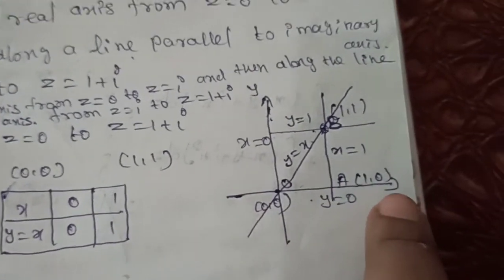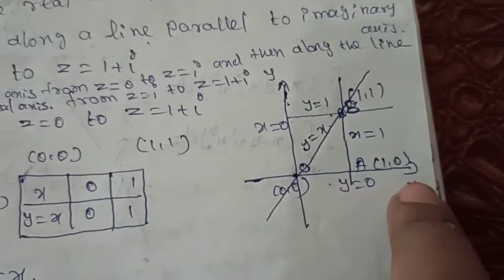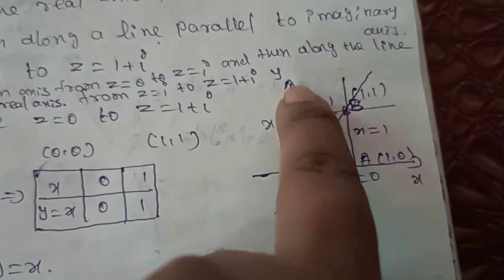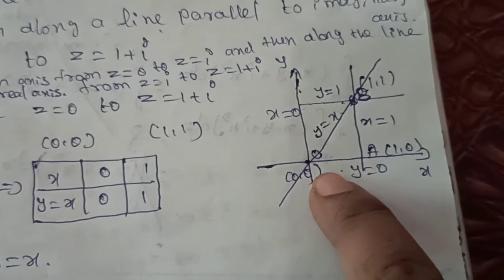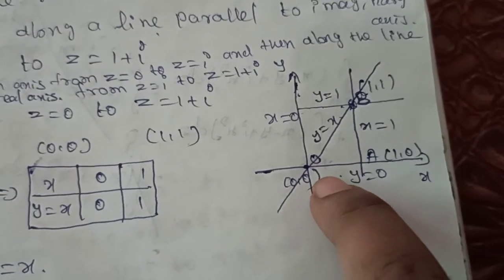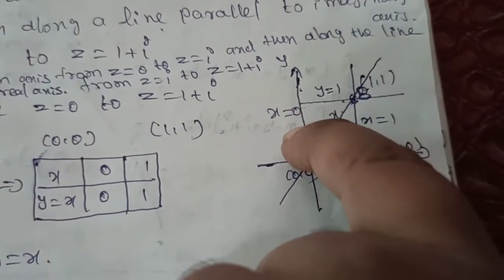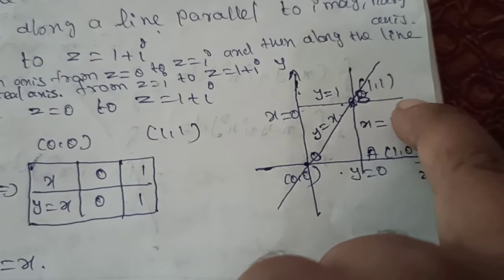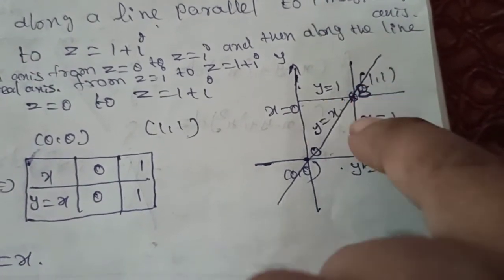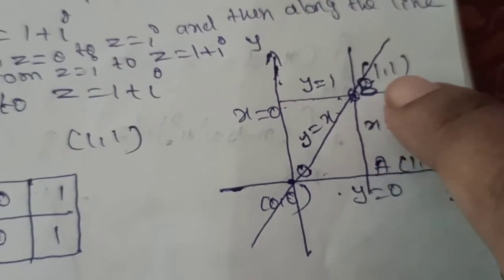We draw the diagram. We draw the x-axis and y-axis. The x-axis is y = 0 and the y-axis is x = 0. That is (0, 0). Draw the straight line x = 1 and, parallel to the x-axis, the line y = 1. These two straight lines intersect at the point (1, 1).